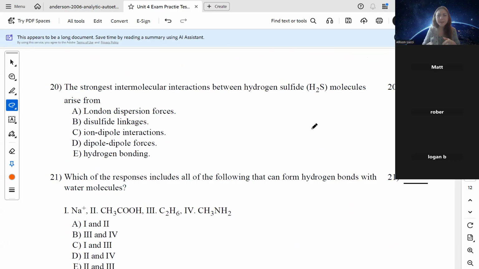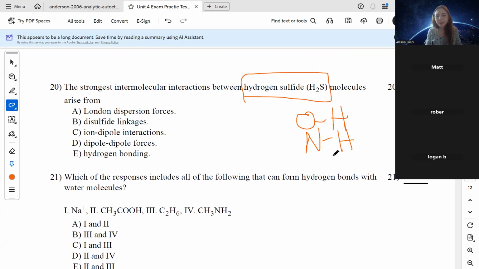I'll write that down real quick here because in this question, we're asked about hydrogen sulfide. So we want to double check and make sure we don't have any hydrogen bonding possible. We have sulfur in the middle, right? If I drew my Lewis structure for hydrogen sulfide, those are my lone pairs, it will look something like this.